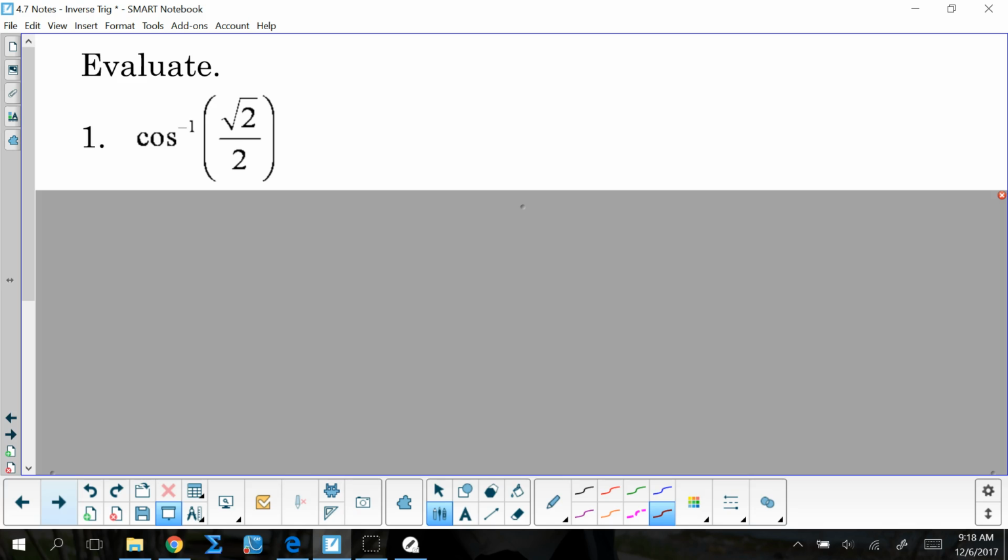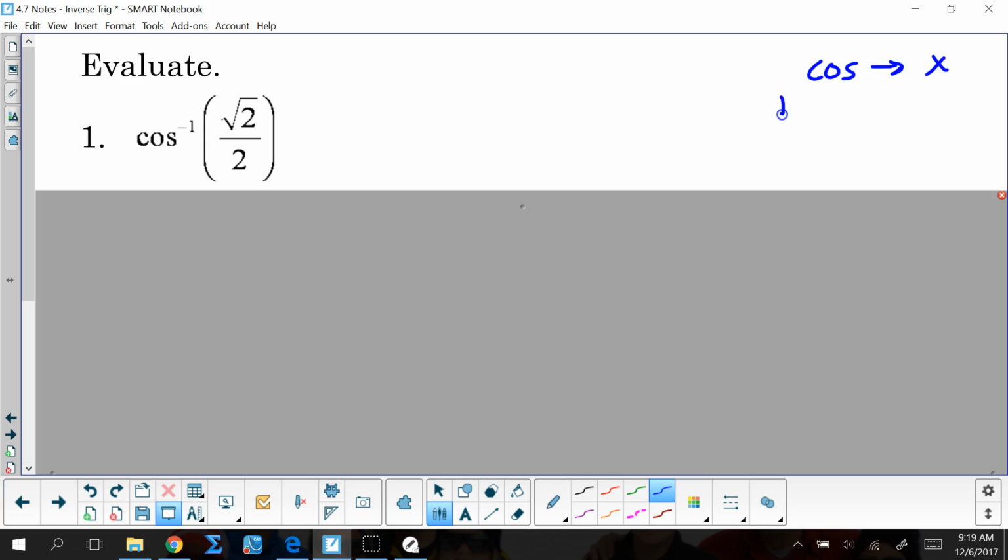Because I'm dealing with inverse cosine, on the top half of the unit circle, where is cosine? Cosine is what again? Cosine are my x values.